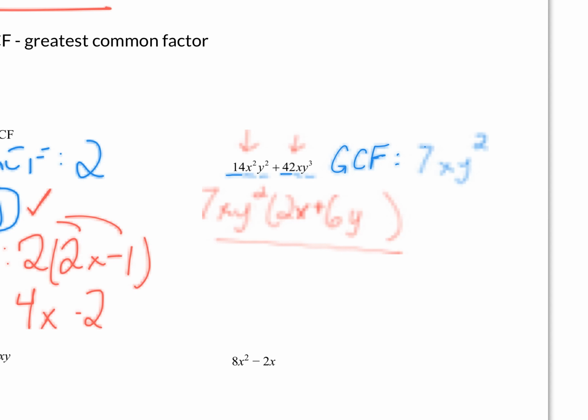That's the largest number I can divide out from both. So 7 is part of my GCF. If I look at the x's, they both have at least x to the first, so they share an x, and then they both share at least y to the second power, so y squared. So I'm just going to go one variable at a time and determine that my GCF is 7xy squared. That's what I put out front when I factor.